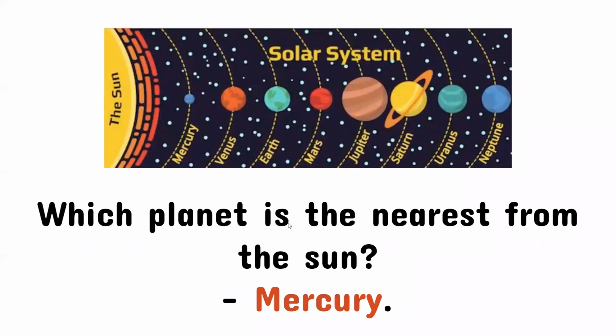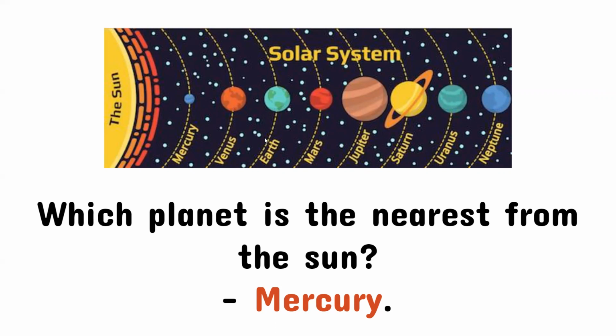And which planet is the nearest? Nearest means the closest, okay? Which one is the closest? It is Mercury. As you can see, here we have it in the first orbit. So it is the nearest planet from the sun.